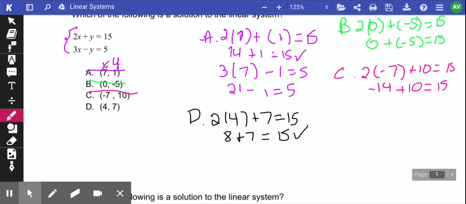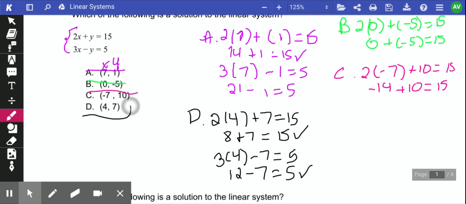That checks out. Let's try the other one. 3 times 4 minus 7 equals 5. 3 times 4 is 12. 12 minus 7 is 5. Yep, checks out. D is the correct answer.